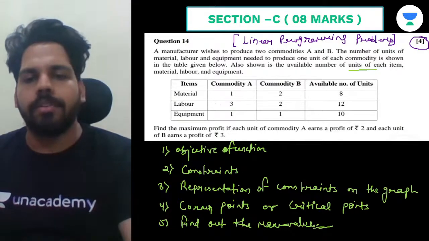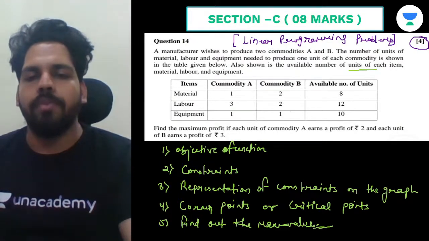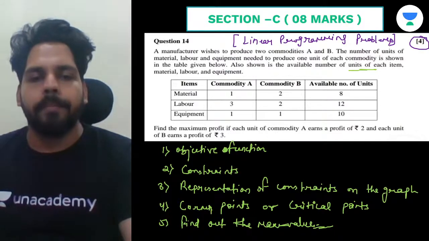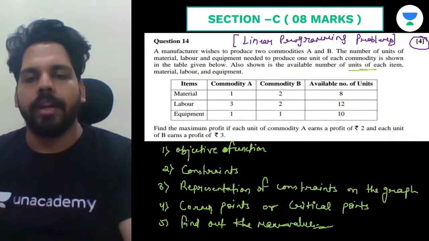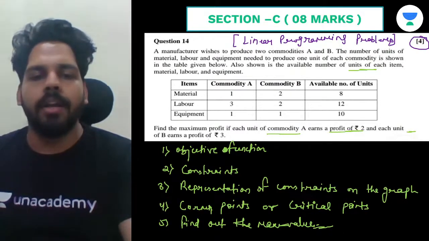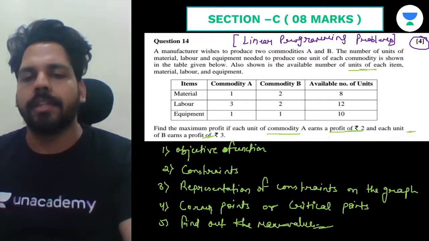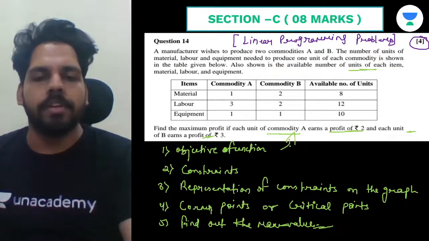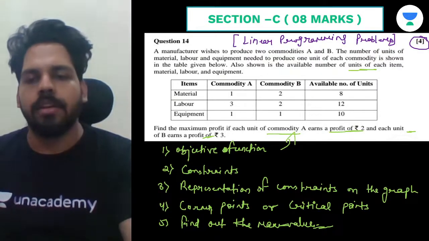For labor 3, 2 and 12, equipment 1, 1 and 10. These are the available number of units. Now they are saying maximum profit if each unit of commodity A earns a profit of 2 rupees and each unit of commodity B earns a profit of 3 rupees. So basically this we can say is the objective function. This will be our objective function which we have to maximize.